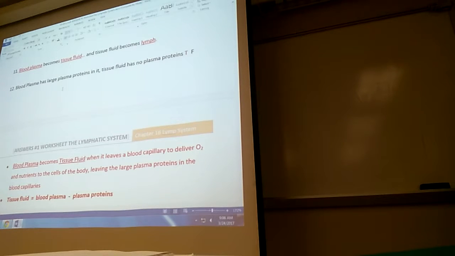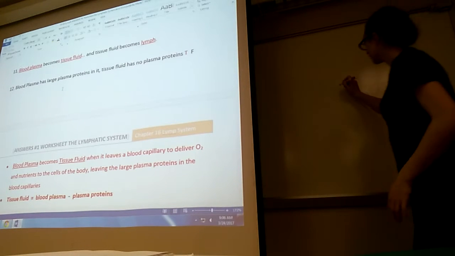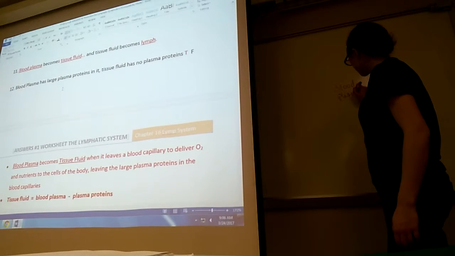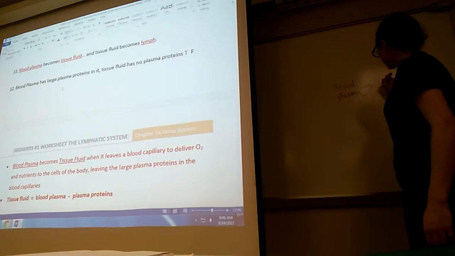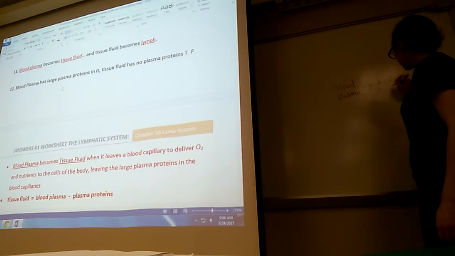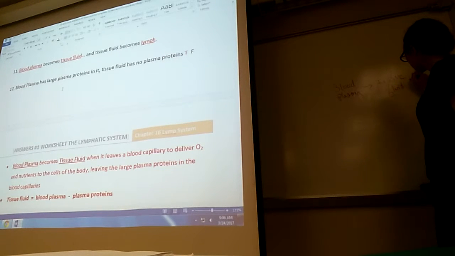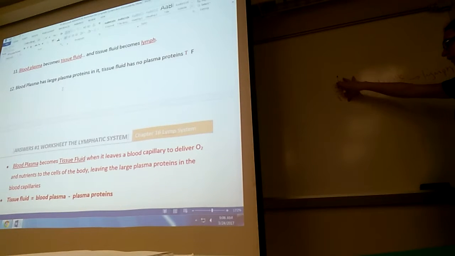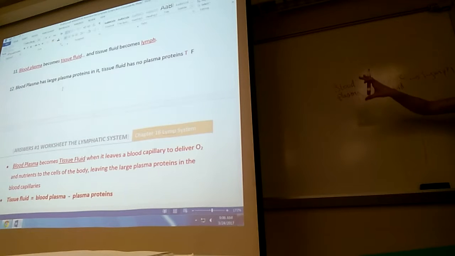Blood plasma becomes tissue fluid. So this is the order. I don't know if this is in a quiz or something, but I know this is important. So fluid in your blood is known as blood plasma. It then becomes tissue fluid in your tissues and lymph.